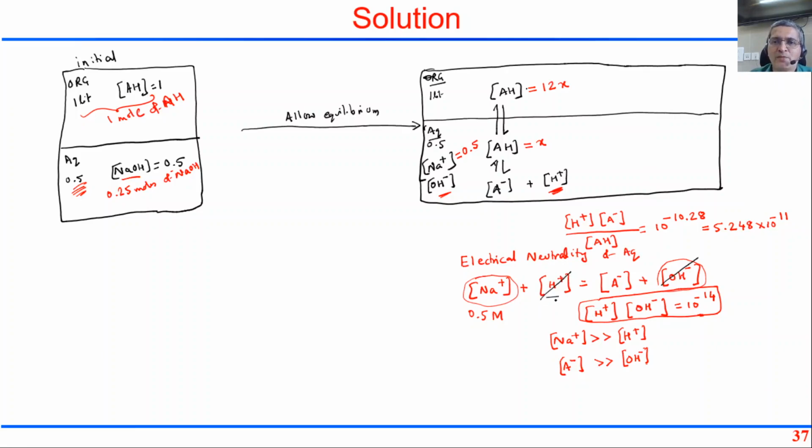I can neglect the H plus ion concentration in comparison to the Na plus ion concentration. I can neglect the OH minus ion concentration as compared to the A minus ion concentration.